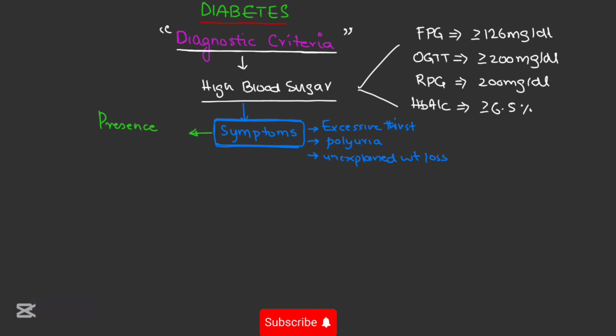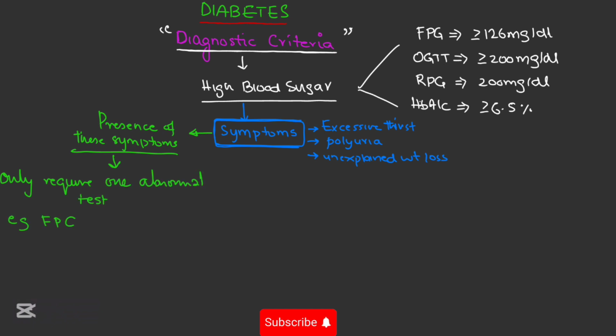Now if a patient presents with hyperglycemia in the presence of these symptoms, then we only require one abnormal test to diagnose diabetes. For example, a fasting plasma glucose level of 140 mg per dl or an HbA1c level of 8% will be diagnostic for diabetes mellitus.